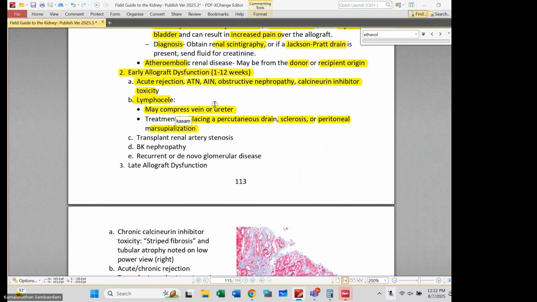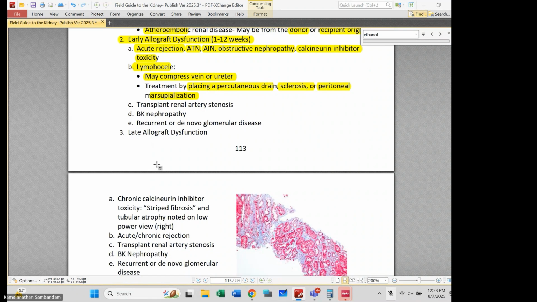Okay. So often these are managed by IR once, and then when they recur, the surgeon says, okay, we'll take you back to surgery and we'll lance this open and tether the opening to the neighboring structures, marsupialize this lymphocele. You can develop transplant renal artery stenosis. Okay.